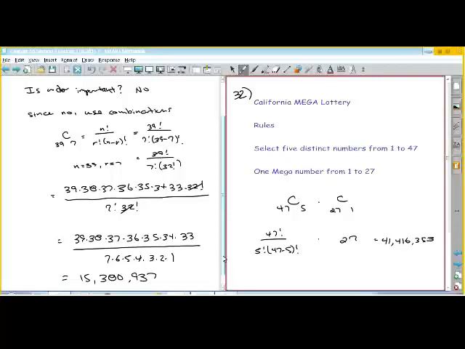And that gives me the total number of arrangements of 7 numbers from 1 to 39, where order is important. And then I divide by this, because if I have 7 numbers, I can arrange those 7 factorial ways. That's what this part is. This is to remove the importance of order by dividing by 7 factorial.